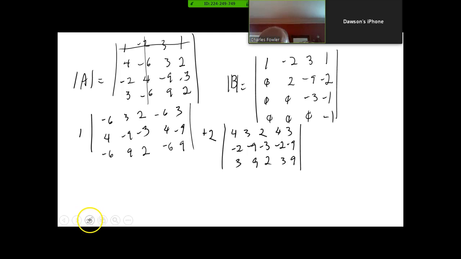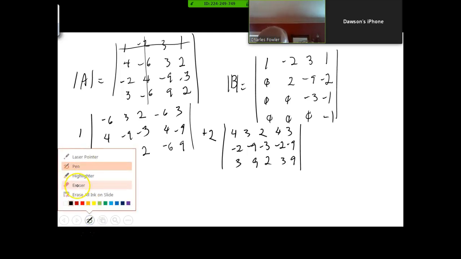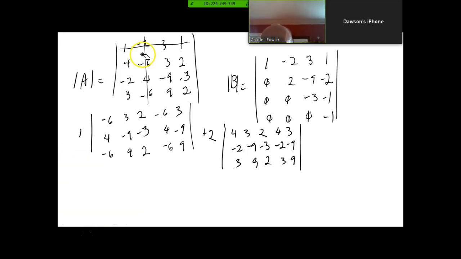Okay. I'm going to wipe out my construction line for column 2 and go to column 3. Now what's the sign of that 3 up there where the crosshairs are?